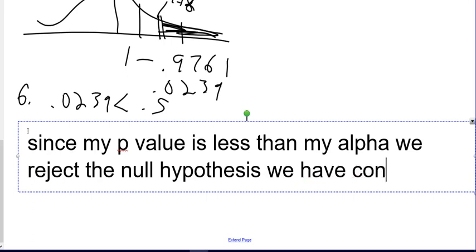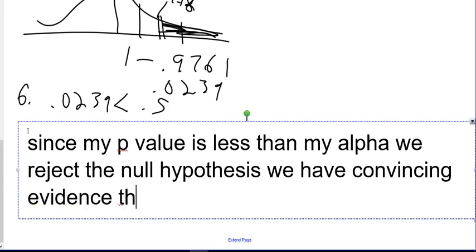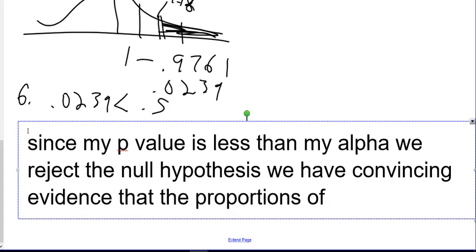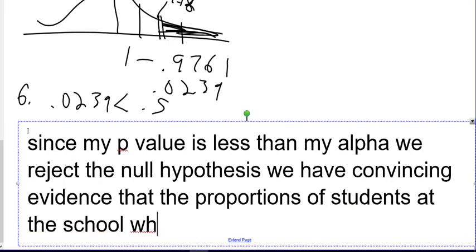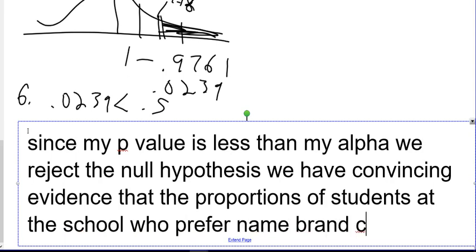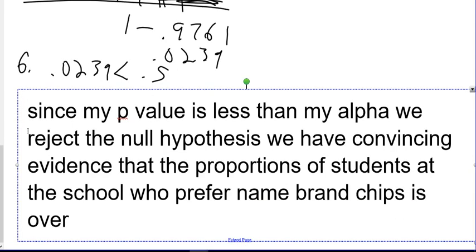We have convincing evidence. Ooh, look at it fly. He's going to be online. At the school. Who prefer, yep, he's got it. Name brand chips. Yep. Is over 50%.